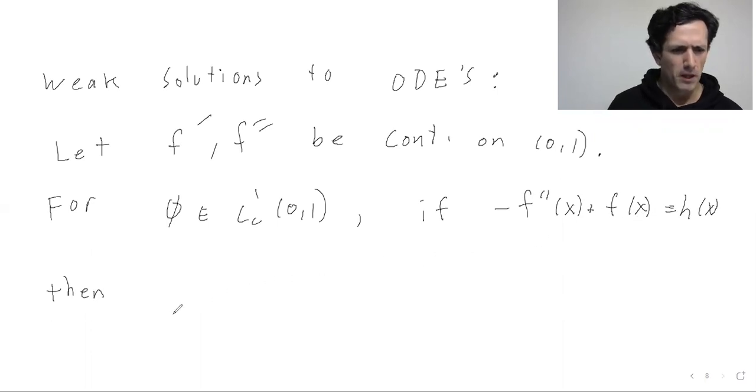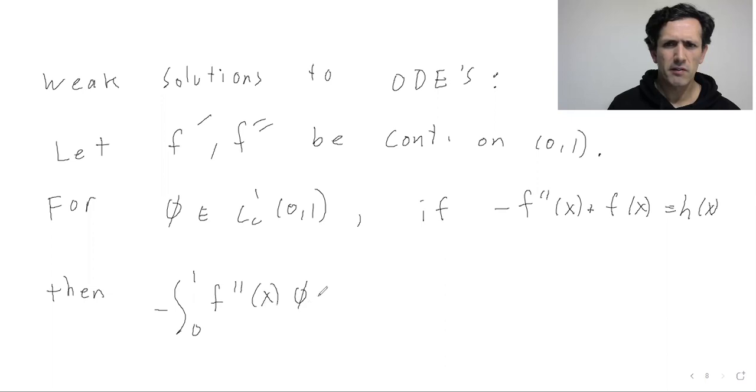Okay. So I'm going to get the following as true. Integral from 0 to 1 of f second prime of x, phi of x, dx. Let's do integration by parts.